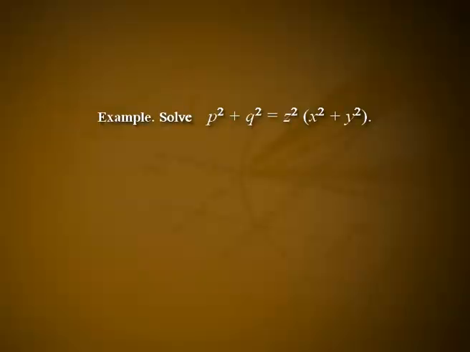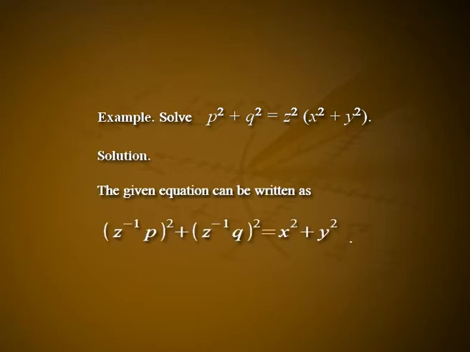Example, solve p square plus q square equals z square into (x square plus y square). Solution. The given equation can be written as (z raised to minus 1 into p) whole square plus (z raised to minus 1 into q) whole square equals x square plus y square.